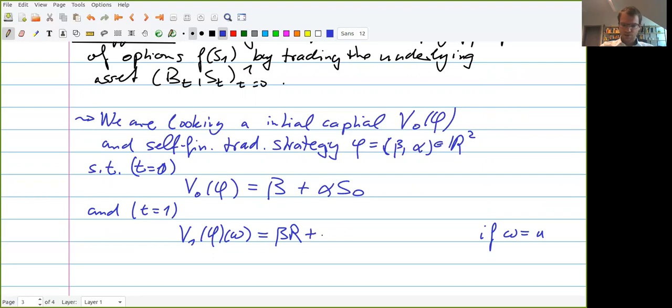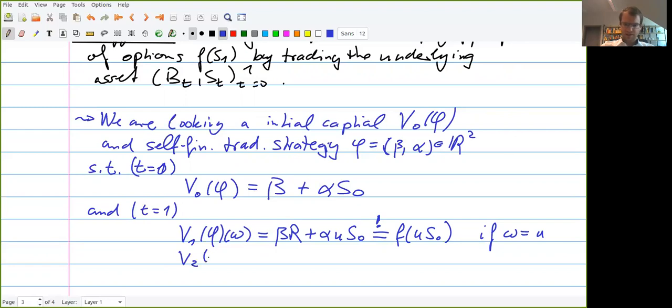Well, the price went up, so this is what we get from having something in the bank account, and this is what we get from holding the risky asset. Now we want this to be equal to the payoff of the option at S1, if this price on the market appears.